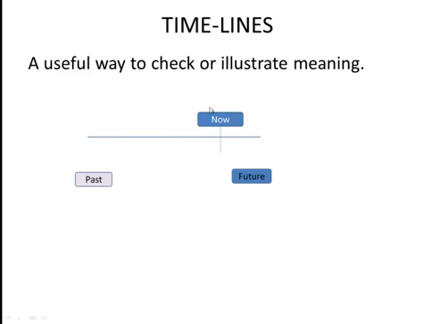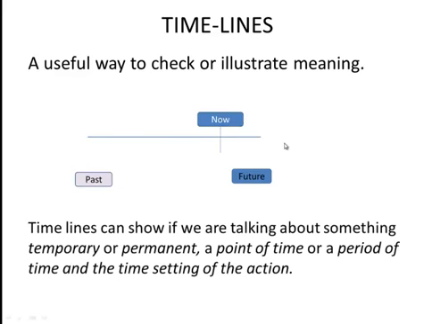Somewhere on the line you need to show where now is, and you can put particular points of time in there if you want to. These can be helpful to show if we're talking about a temporary or a permanent situation, whether it's one particular point in time or a longer period, and also clearly when the time happens. So these can be really helpful.